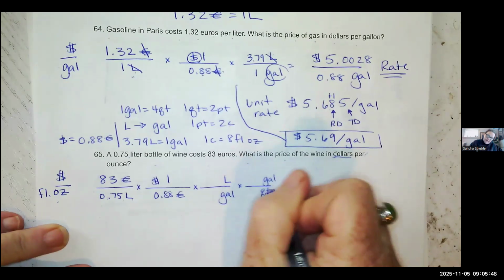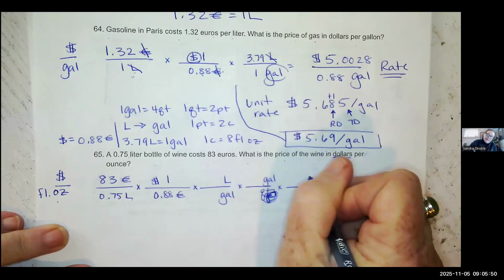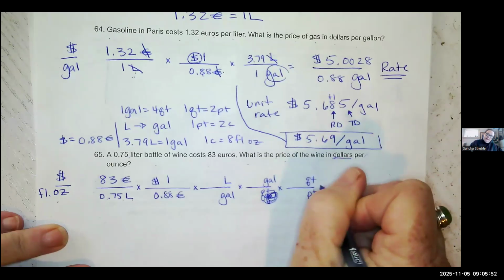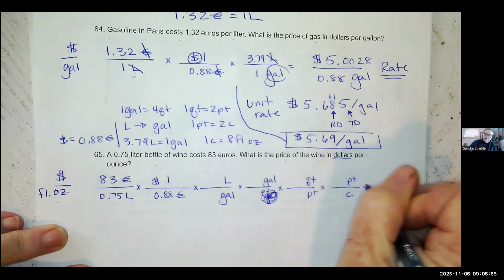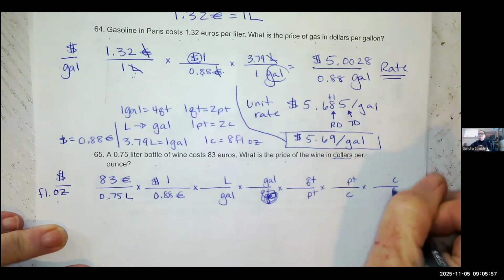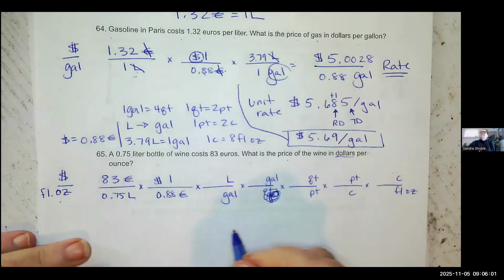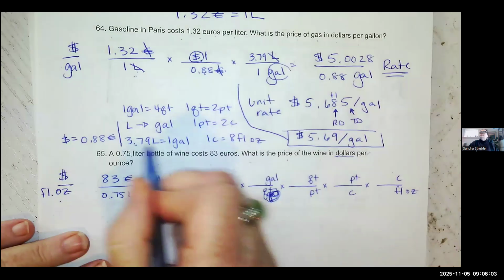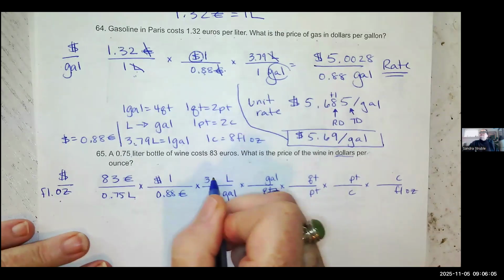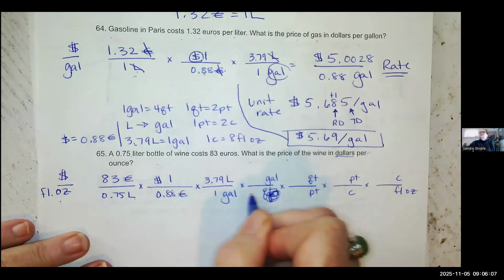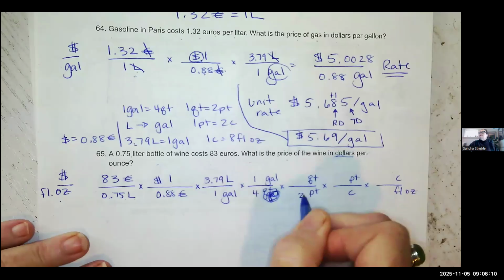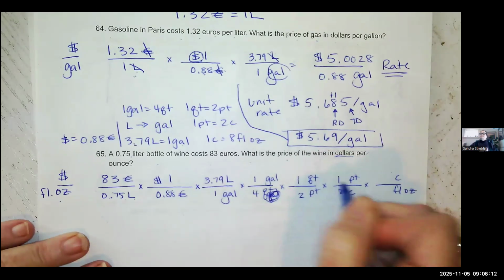Quarts to pints. Pints to cups. Cups to fluid ounces. It's easy to mess up. Please be careful. So 3.79 liters in a gallon. There are 4 quarts in a gallon, 2 pints in a quart, 2 cups in a pint, and 8 fluid ounces in a cup. Whew.